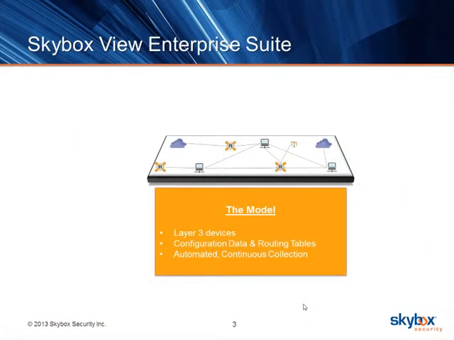The basis of the Skybox architecture is the model, viewed within the product as a network map. This model is made up of layer 3 devices, firewalls, routers, load balancers, and IPSs, and is useful for a variety of functions. The data for the model consists of device configuration data as well as routing tables containing both static and dynamic routes.